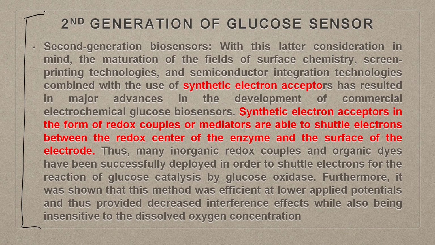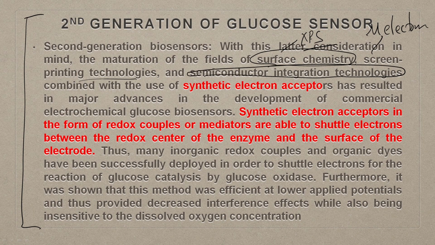So, cost prohibitiveness, interfering molecules and lack of sensitivity demanded further improvement. The second generation of biosensors, with this latter consideration in mind, saw the maturation of the field of surface chemistry. This is the time when surface chemistry was gearing up with XPS, screen printing technologies from the world of microelectronics, and semiconductor integration technologies, again from the microelectronics world, combined with the use of synthetic electron acceptors.